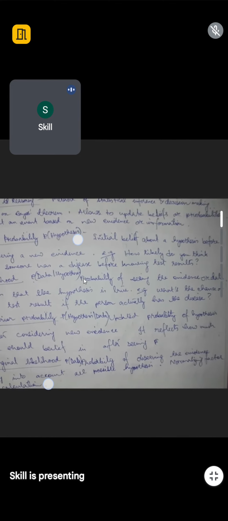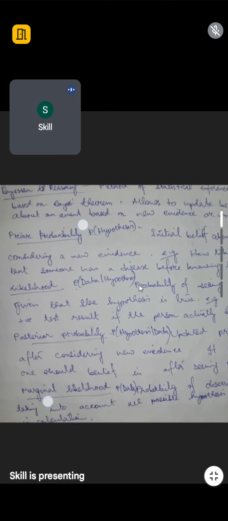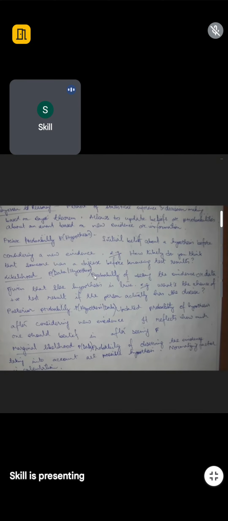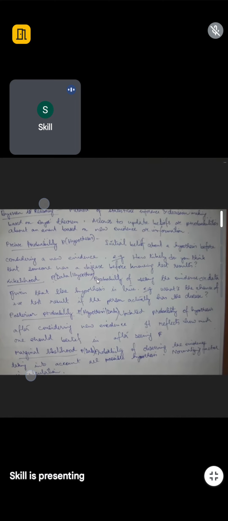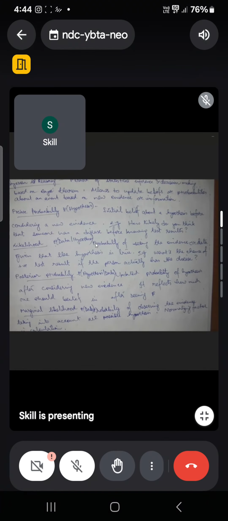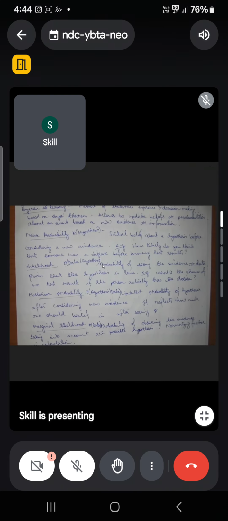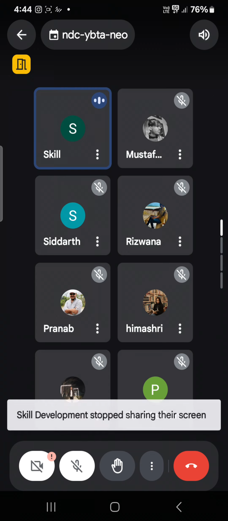Other terms we will see later. Just see the Bayesian reasoning and the posterior probability. This will also come in the next part. Okay, now we will move on.